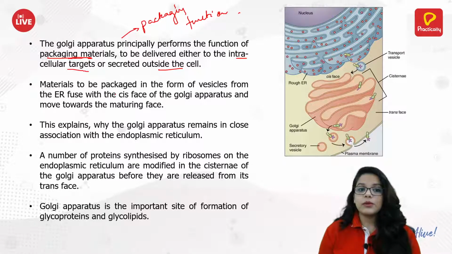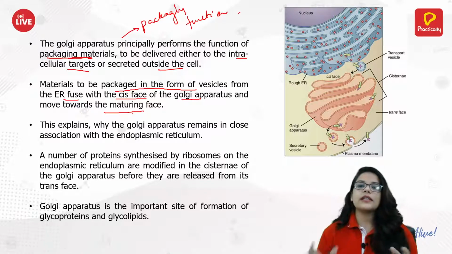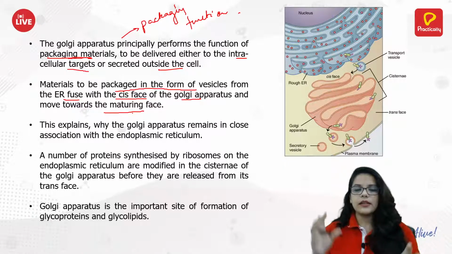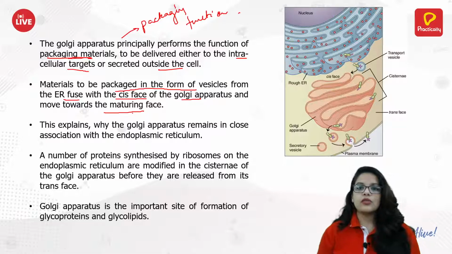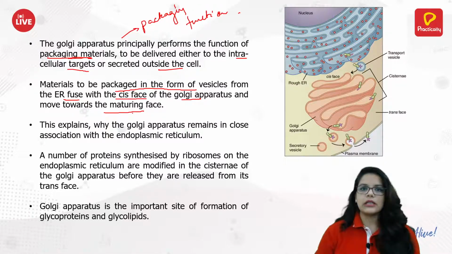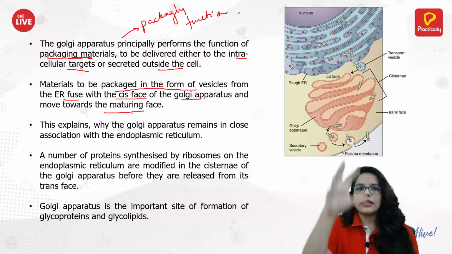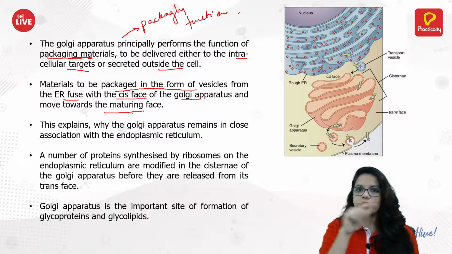Okay, materials to be packaged in the form of vesicles from the ER fuse with the cis phase of the Golgi apparatus and move towards the maturing phase. So as I said, there is the cis phase and the trans phase. Materials which want to be packed and sent out, such as proteins, lipids, whatever it is, come to the cis phase, the forming phase.